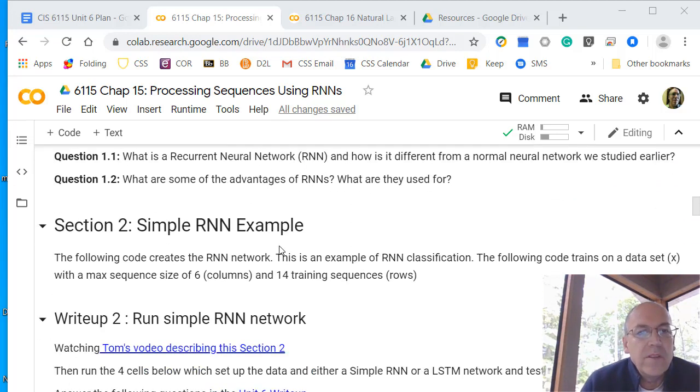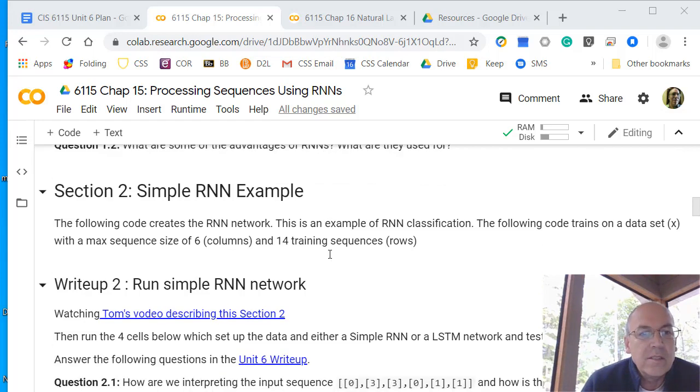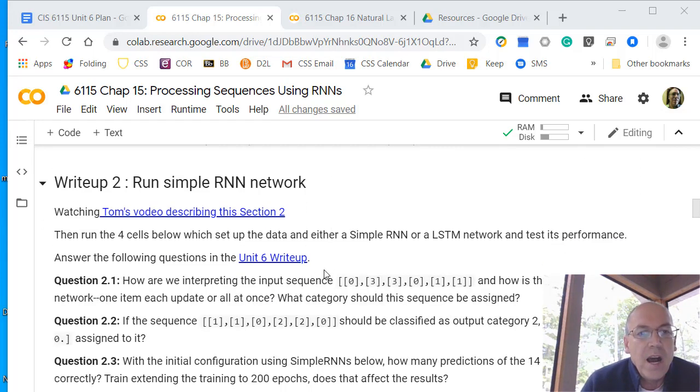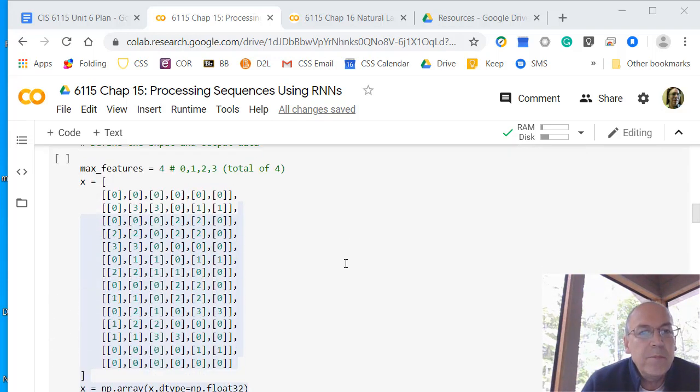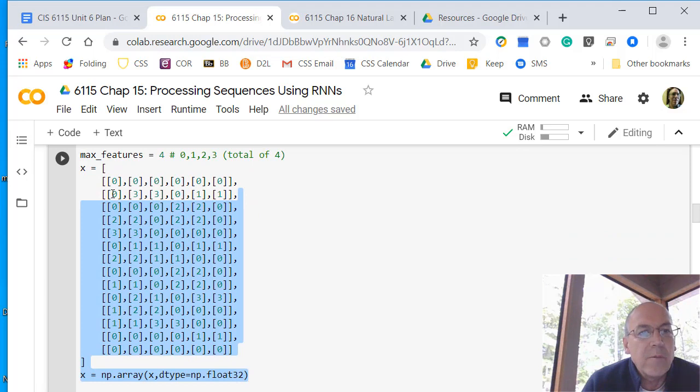Then we're going to go through this simple recurrent neural network, again something from Heaton's work, and we're going to provide some simple inputs to this neural network. The idea is that maybe we have a person looking out their window and they just see cars driving by.